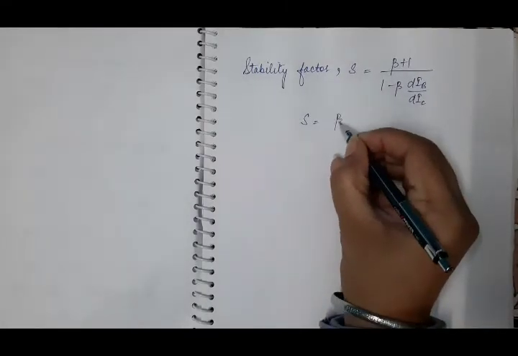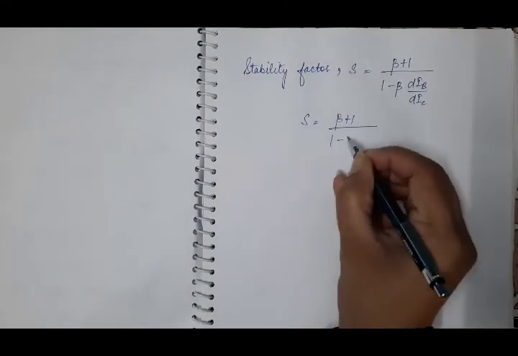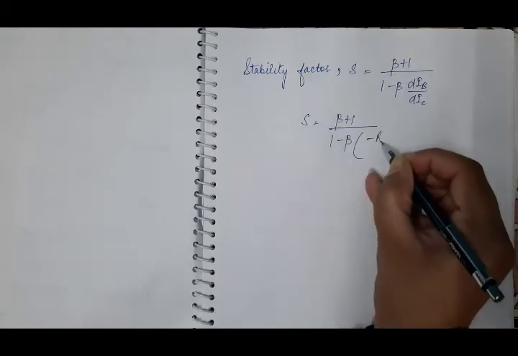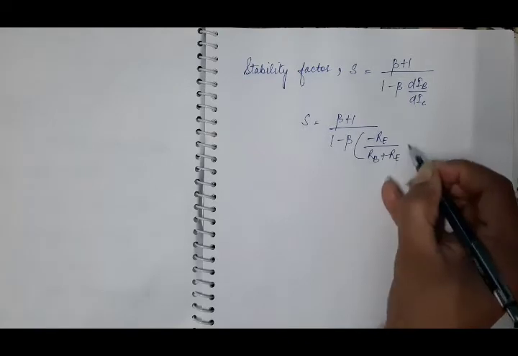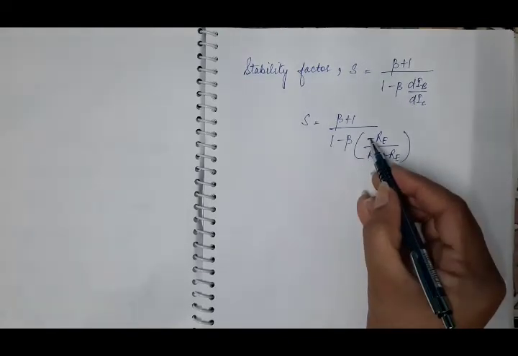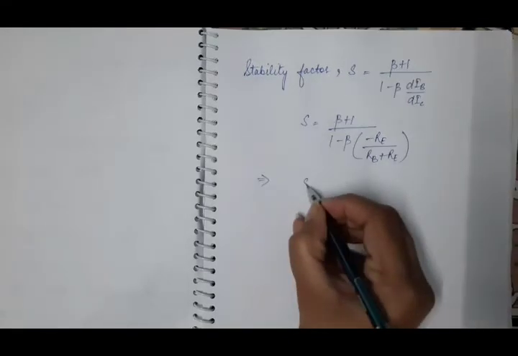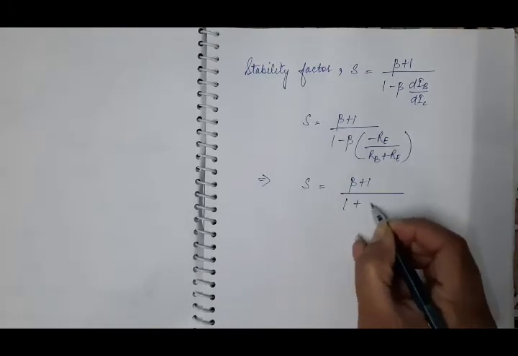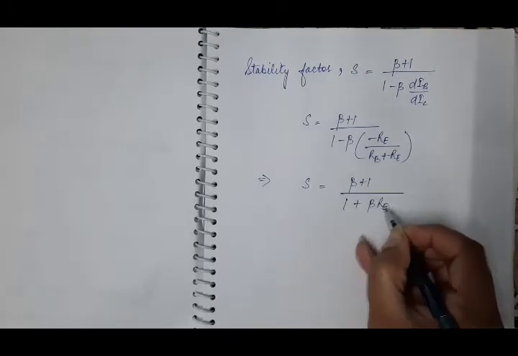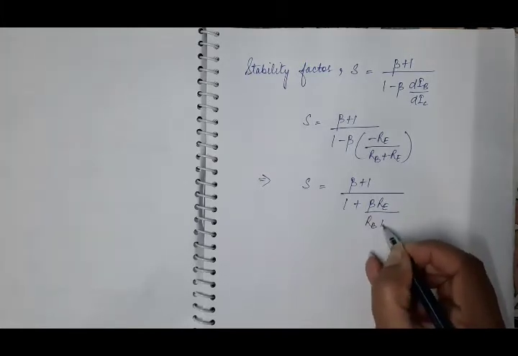It will be beta plus 1 upon 1 minus beta times minus RE upon RB plus RE. Now this minus and minus will be plus. So we have S is equal to beta plus 1 upon 1 plus beta RE upon RB plus RE.